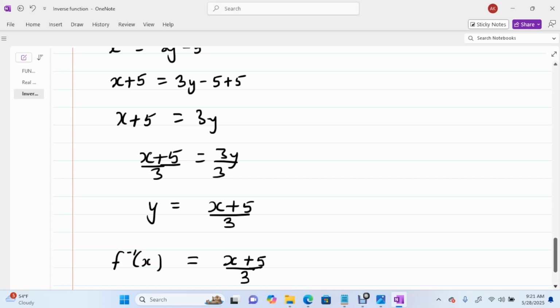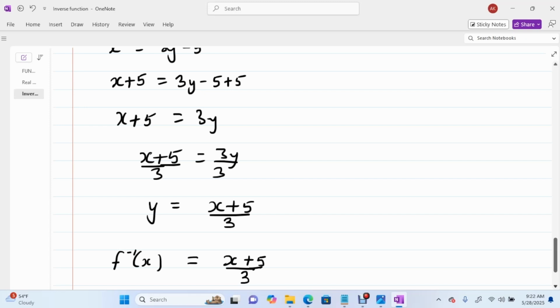I would like to add some things here on the inverse of functions. Whenever you are solving for inverse functions, take note, the main idea is swapping the input and the output so that the x becomes the y and the y becomes the x. That's the main idea.